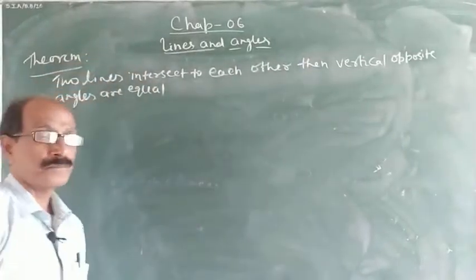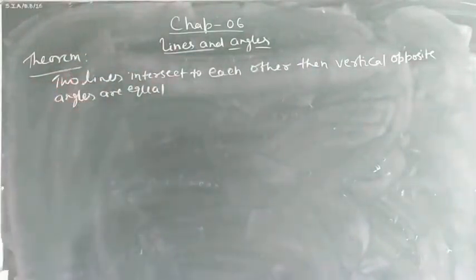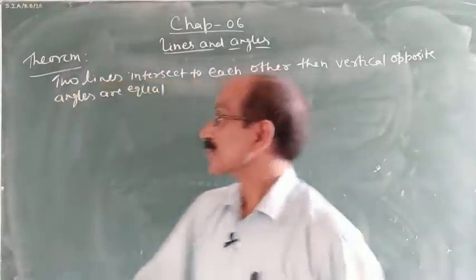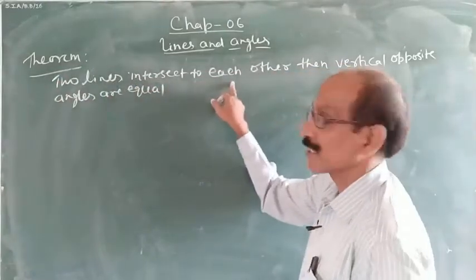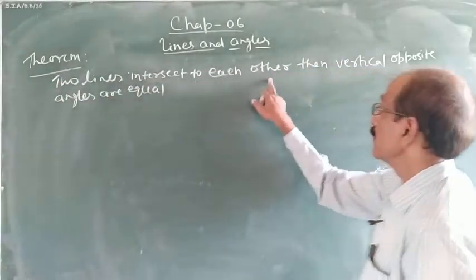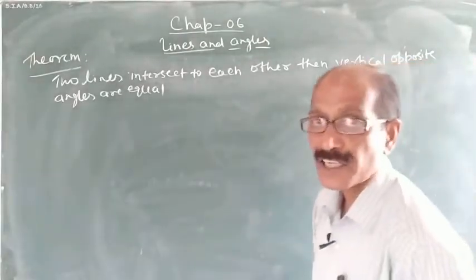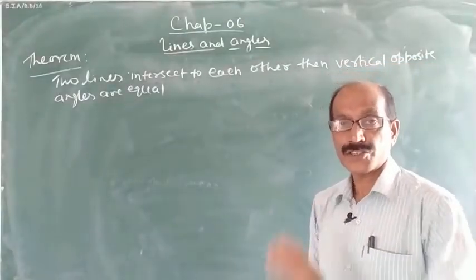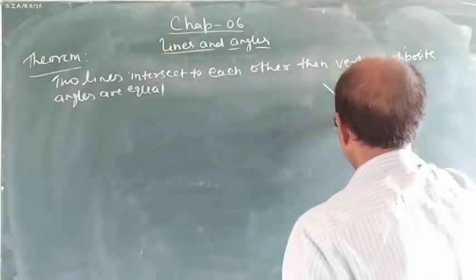Now next, this is the theorem. The theorem says that if two lines intersect each other, then vertical opposite angles are equal. This is the theorem in your books.